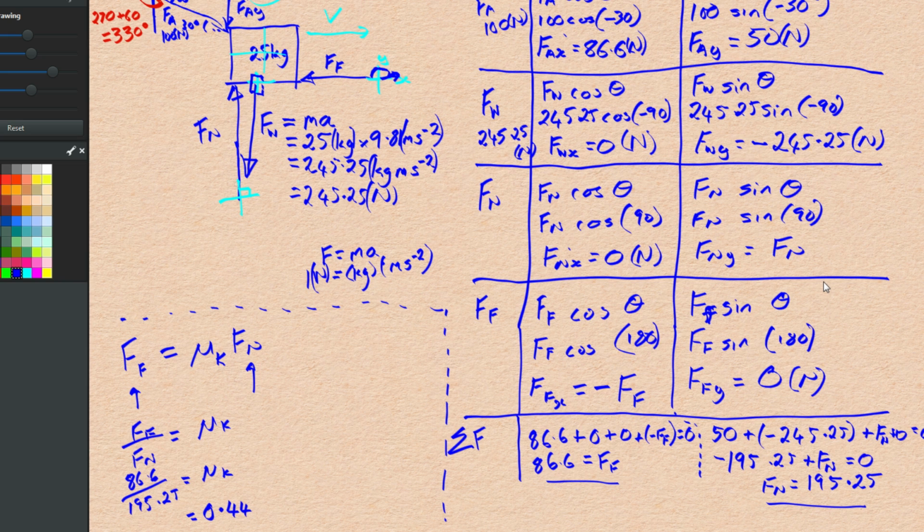Why did that work out differently in class? Oh, something's gone wrong here. What's gone wrong here is this applied force. 100 sine minus 30 was minus 50.